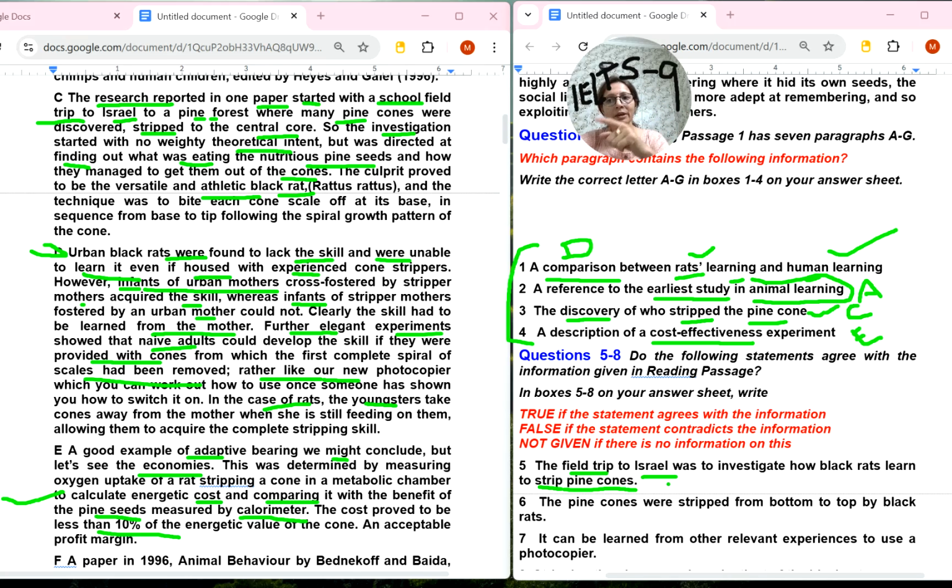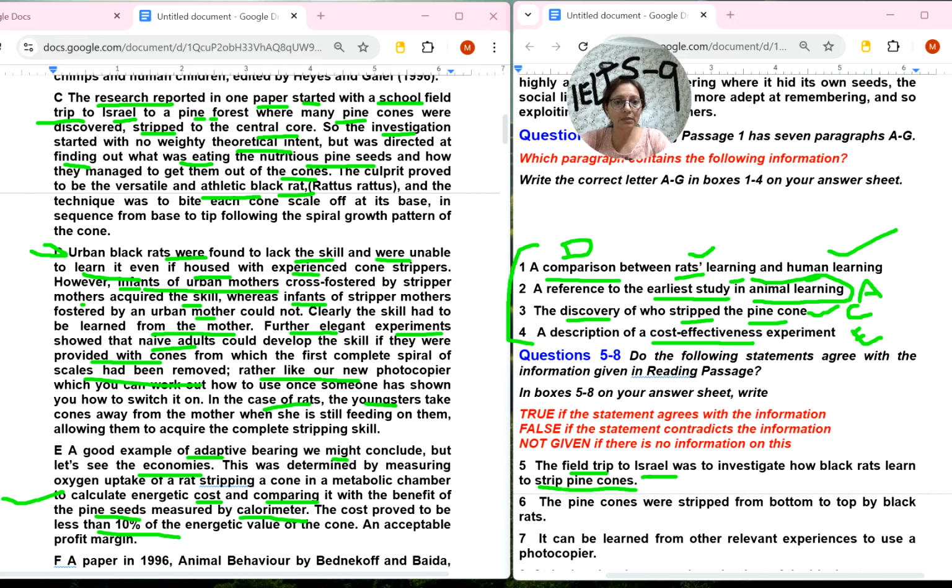But here they have told it was accidental. So it is in paragraph C. Just look at this paragraph C. A research reported in one paper started with a school field trip to Israel, to a pine forest where many pine cones were discovered stripped to the central core. So the investigation started. It means this was not specially for finding who stripped the cone.